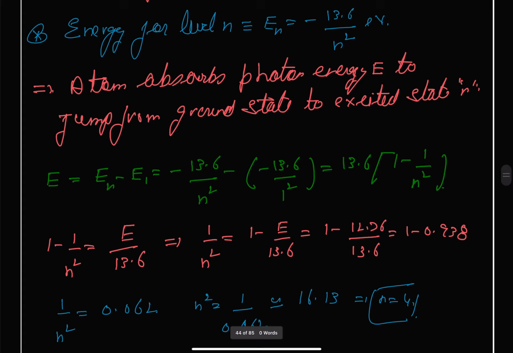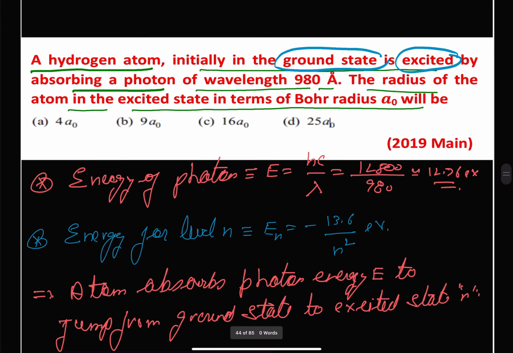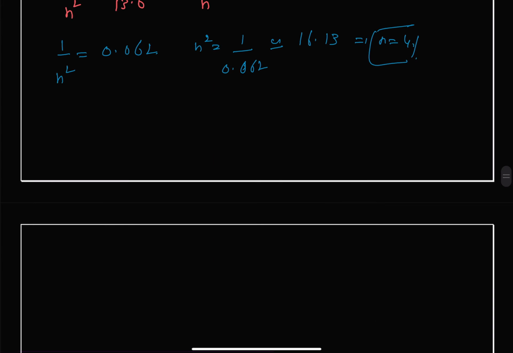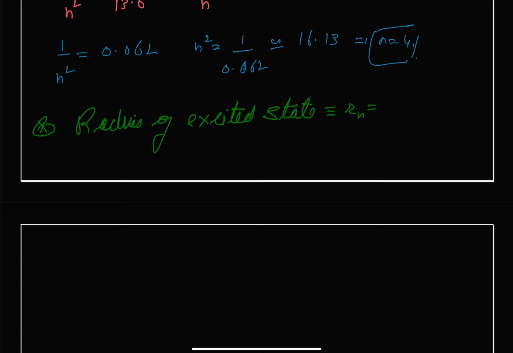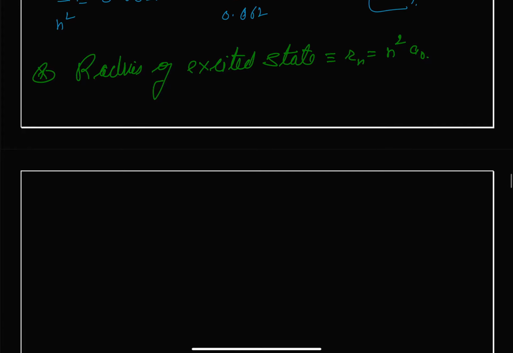And we have to find the radius. The radius of the excited state, r of n, is equal to n square multiplied by the Bohr radius a naught. The value of n is 4.